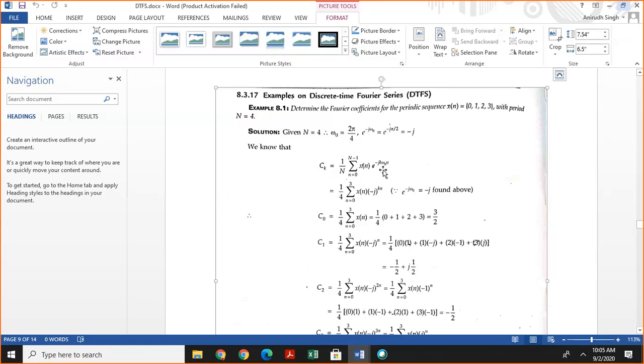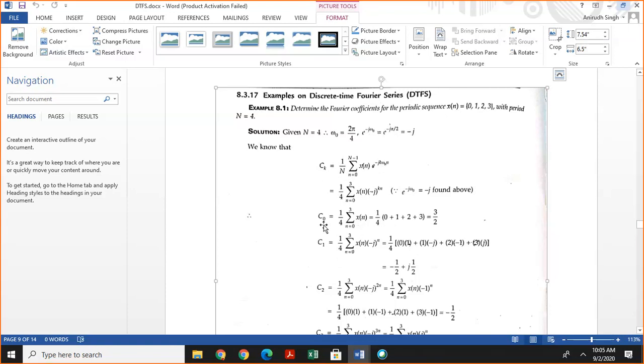Here, if we substitute the value of omega naught, the value of exponential minus j omega naught is minus j. So this expression is converted into 1 by 4 summation from n is 0 to 3 of x of n times minus j raised to the power kn.